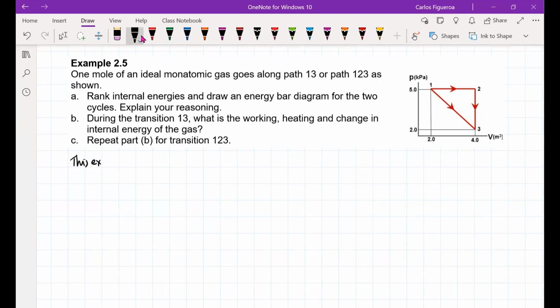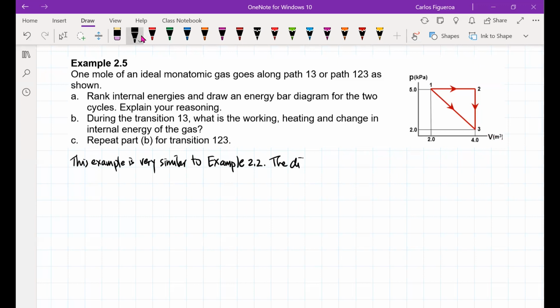This example is very similar to example 2.2.